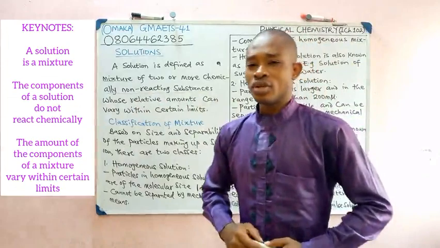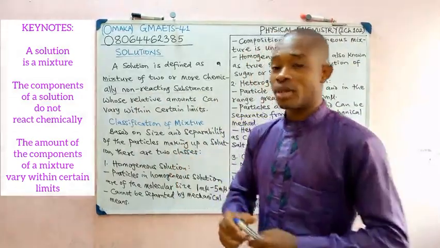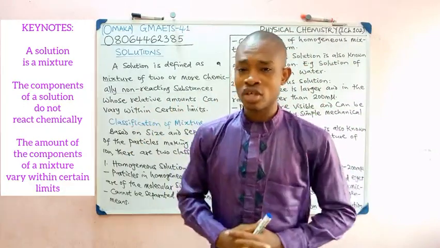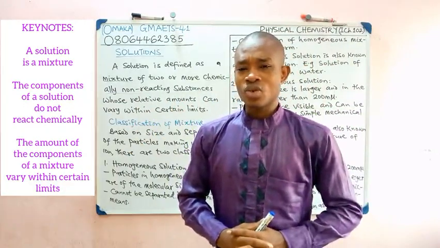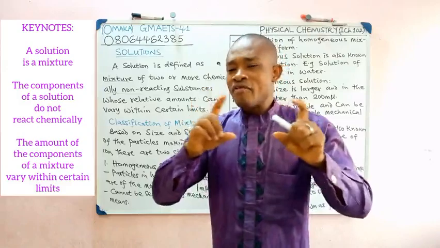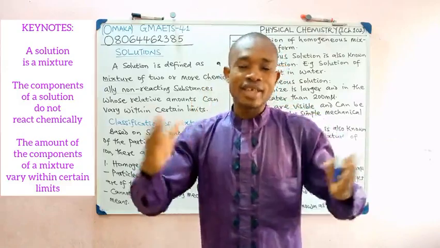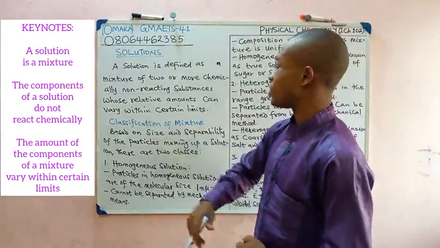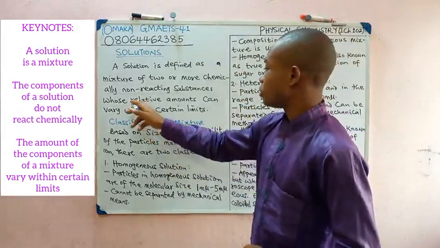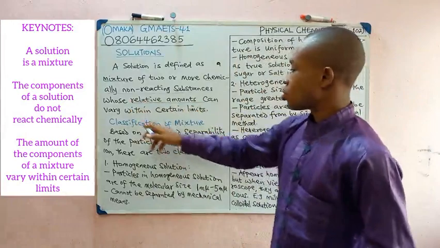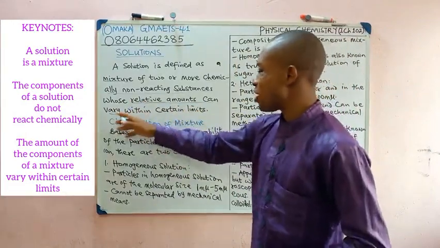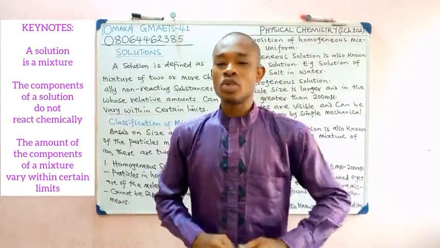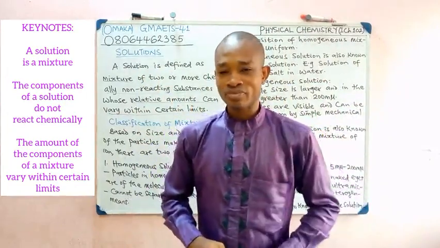Then again, you should know that the composition of the mixture, in terms of the amount in which the components exist, varies within a given range. We're going to talk about the range when we look at classification of solution or mixture. So you see, relative amount can vary within certain limits. So we have a limit for which we define a solution.